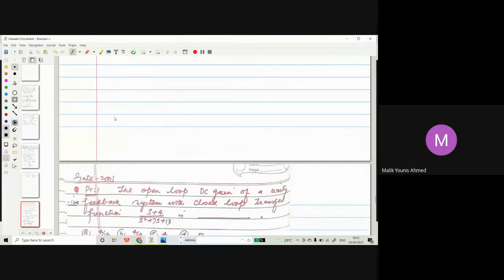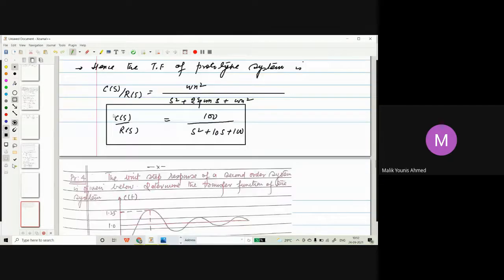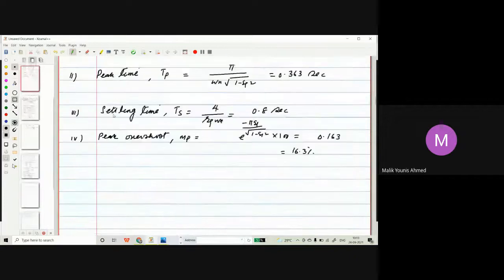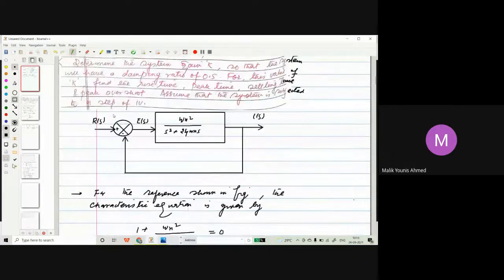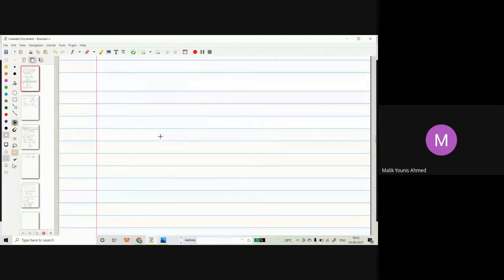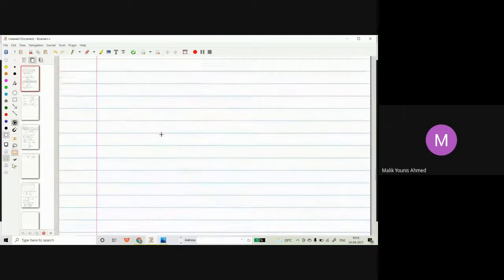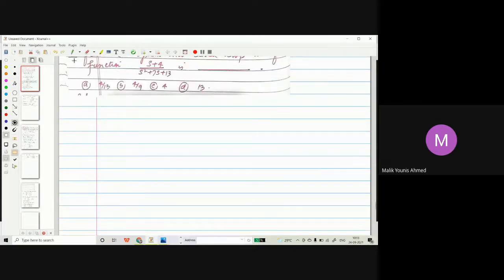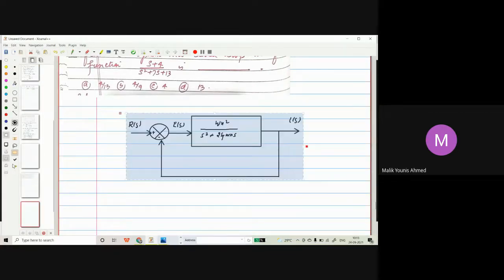So let me copy this figure here. I don't need to draw it again. Okay, let me copy this because otherwise it wastes time. Paste it here.